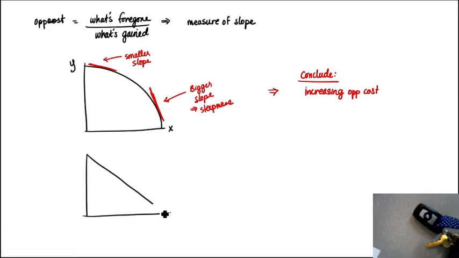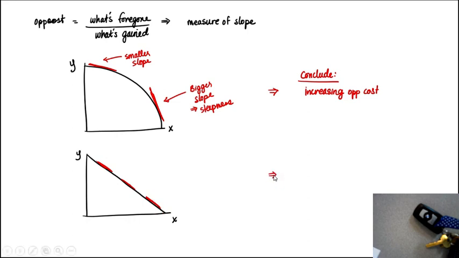Maybe I give you constant, something that looks like that. So this might be, to gain the first tank, you give up 10 wheat. You gain a second tank, you give up 10 wheat. Gain a third tank, you give up 10 wheat, right? It's not changing.